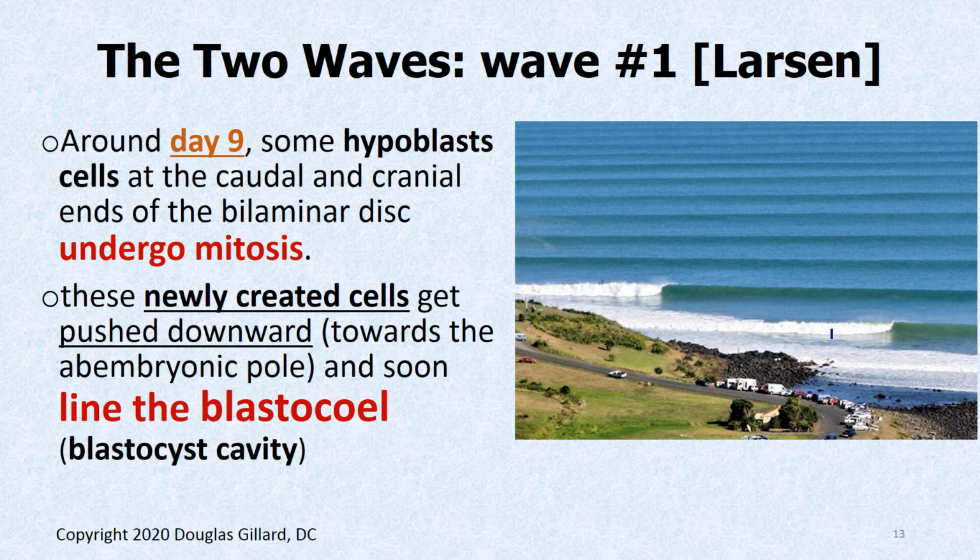But anyway, around day 9, the hypoblast cells at the cranial and caudal end of the disc start undergoing mitosis. When you go through mitosis, one cell stays the same and you get a new cell. It creates a bunch of new cells, and they don't have anywhere to go, so it pushes them down around the blastocele cavity.